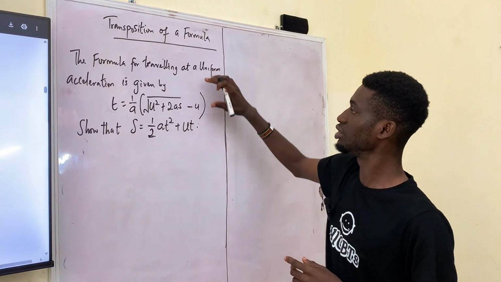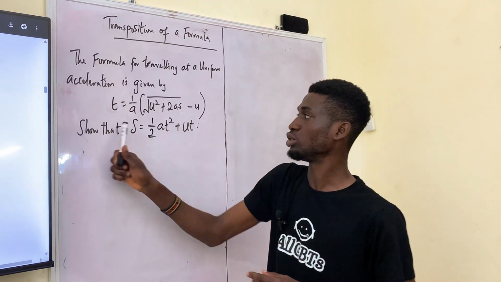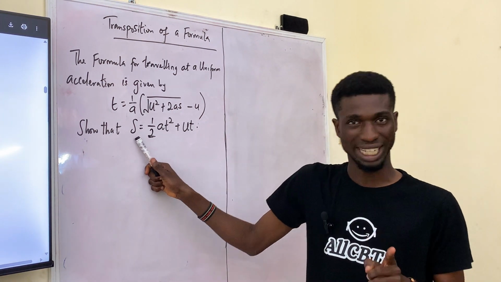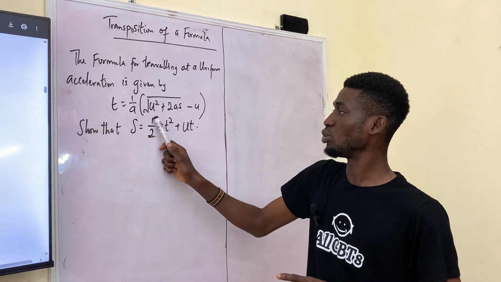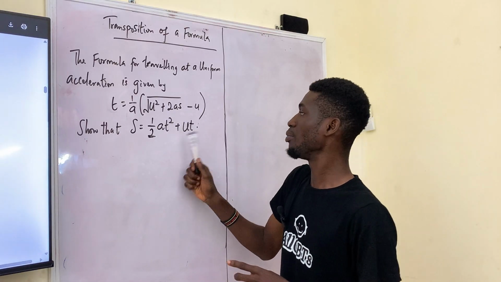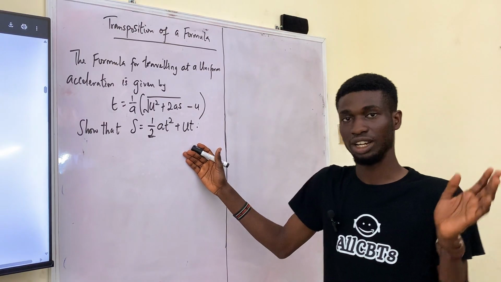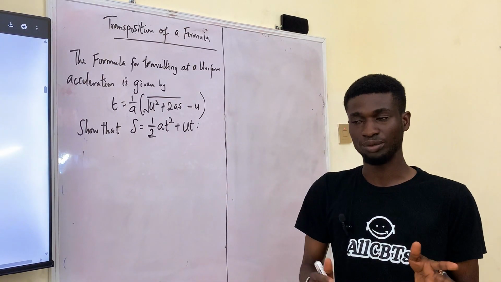So now from this formula, we are to show that x, which will be the new subject, equals 1 over 2 at squared plus ut. This looks like an equation in physics, which we know as the equation of motion.